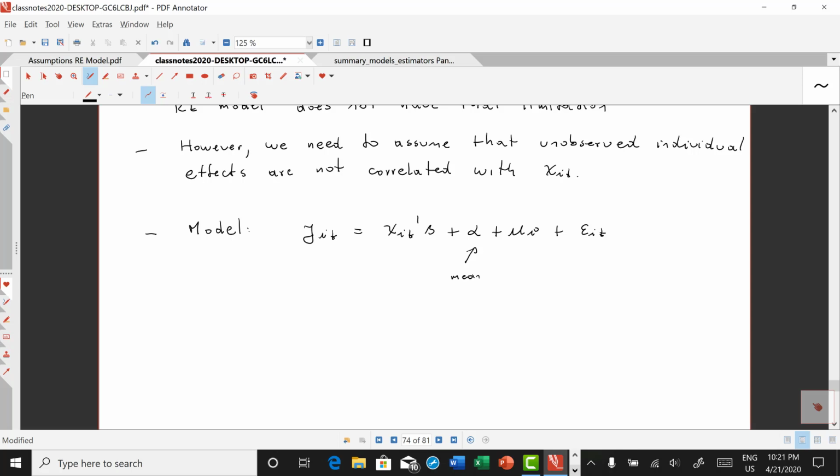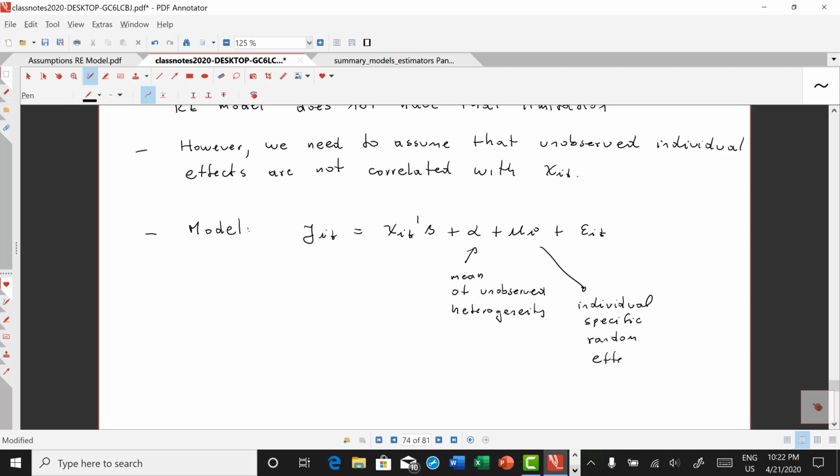So we assume that we have a constant intercept, the mean of unobserved heterogeneity. We have these individual specific random effects. The way to think about that, we have errors for each individual in particular.